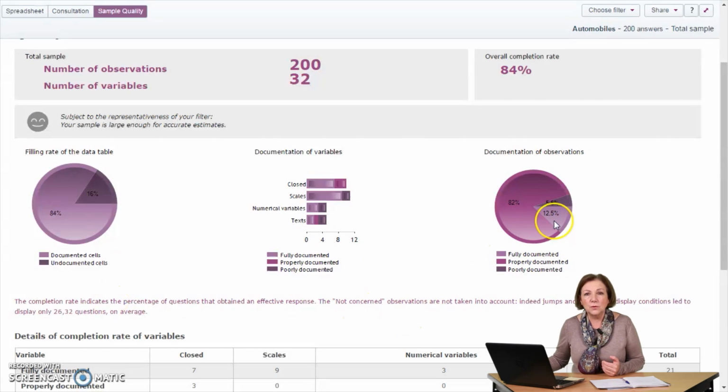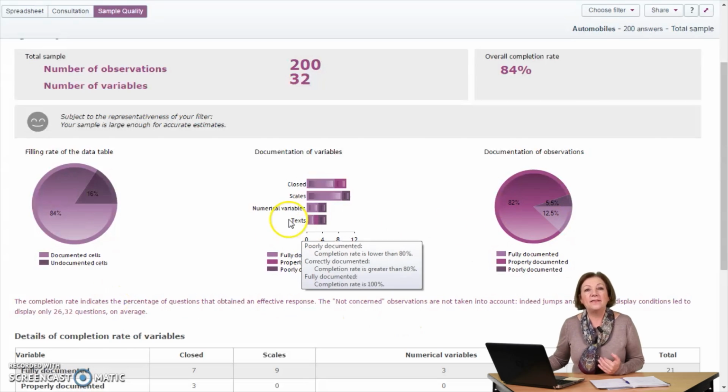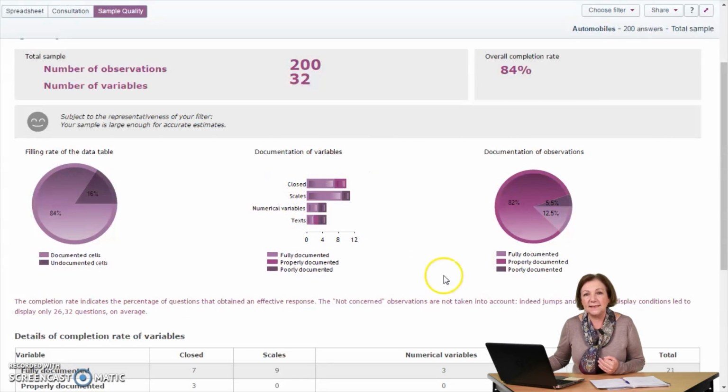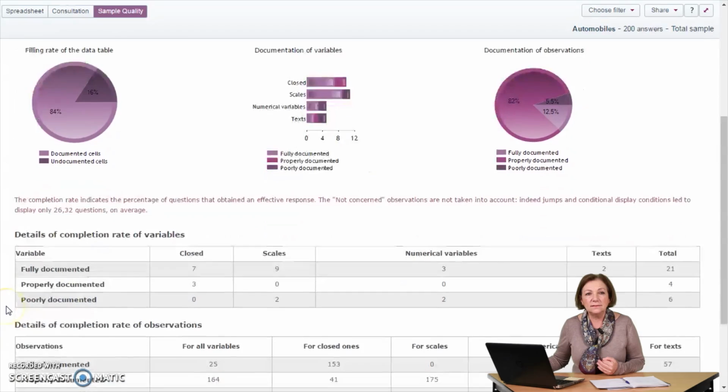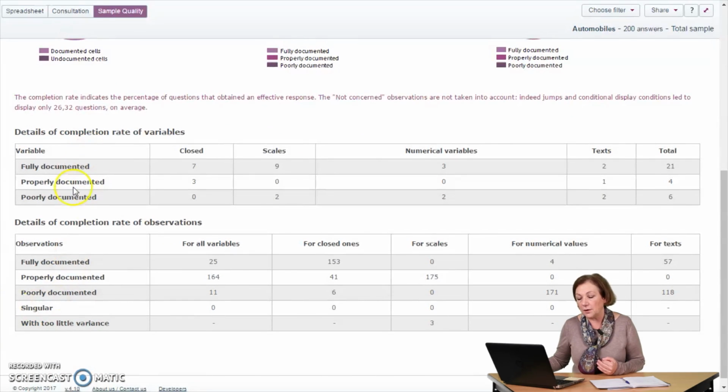And these two graphs that we see here are detailed in the tables below. The first table will give you a detailed explanation of how well the variables have been documented, whereas the second table gives you an indication of how well observations have been documented.